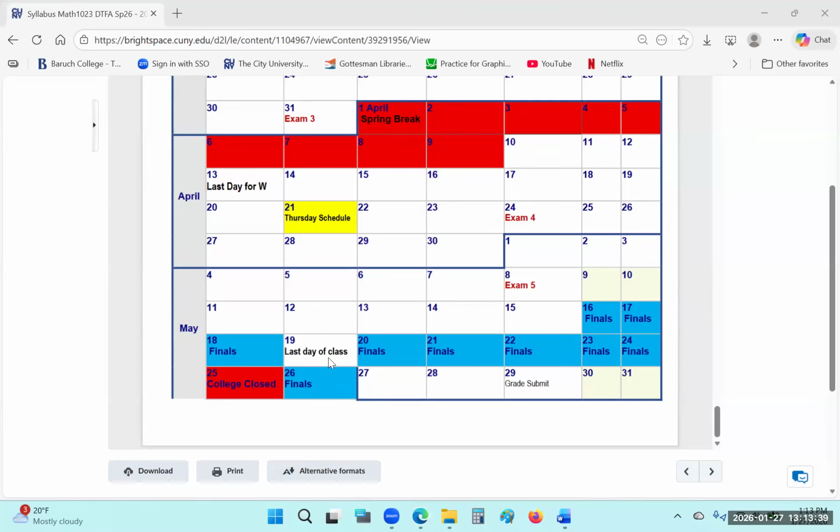And then suddenly the 19th is not a final exam day. It's a regular lecture day. So we are going to have our last lecture on May 19, and then our final exam will be after May 19, maybe on the 20th or 21st. I'm not sure. I didn't see the date yet, but most likely it will be the 20th or 21st, something like that.